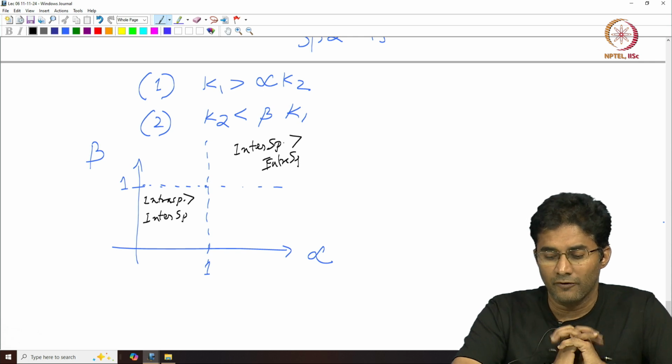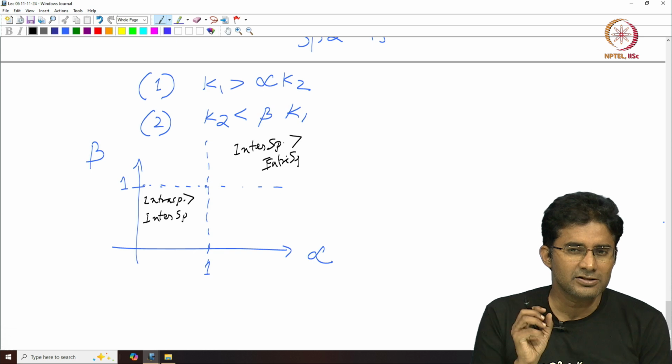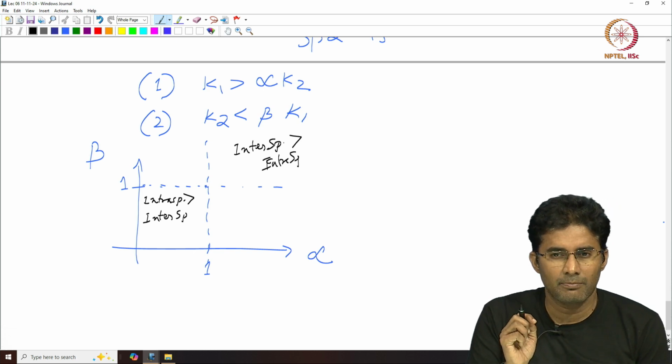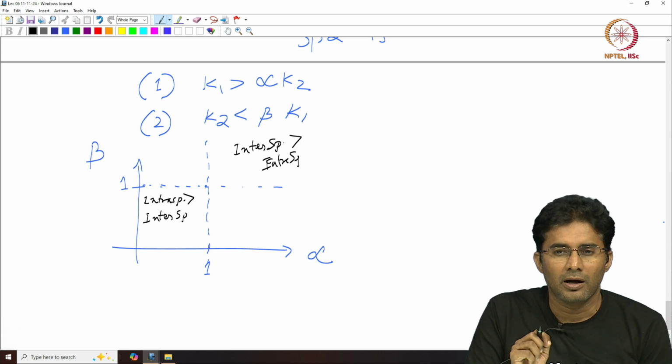Of course, that is really the power of mathematical modeling. It makes our predictions much more precise and helps us also test empirical predictions in a more accurate way.